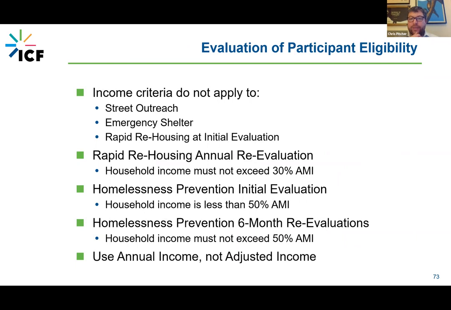Note some of these items around participant eligibility. Income criteria does not affect our ability to provide street outreach services, emergency shelter, or rapid rehousing at that initial evaluation. Participant eligibility does matter in rapid rehousing at our annual recertification or annual evaluation. Then we want to have folks not exceeding 30% AMI.